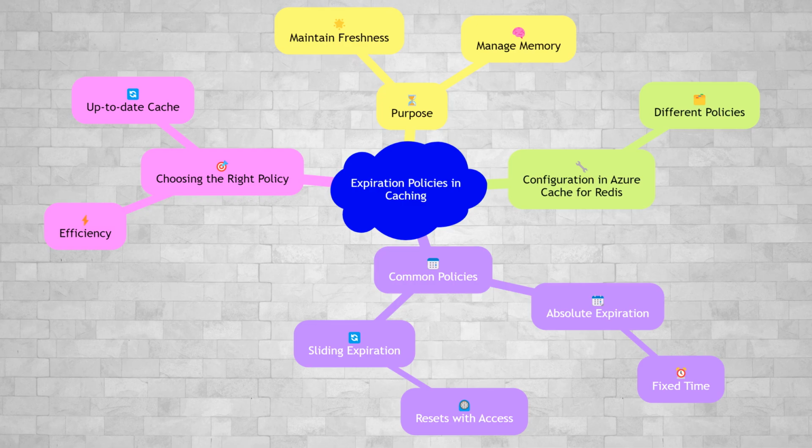In Azure Cache for Redis, you can configure different expiration policies to suit your application's needs. Common policies include absolute expiration, where data expires after a fixed time, and sliding expiration, where the expiration time resets with each access. Choosing the right policy ensures that your cache remains efficient and up to date.